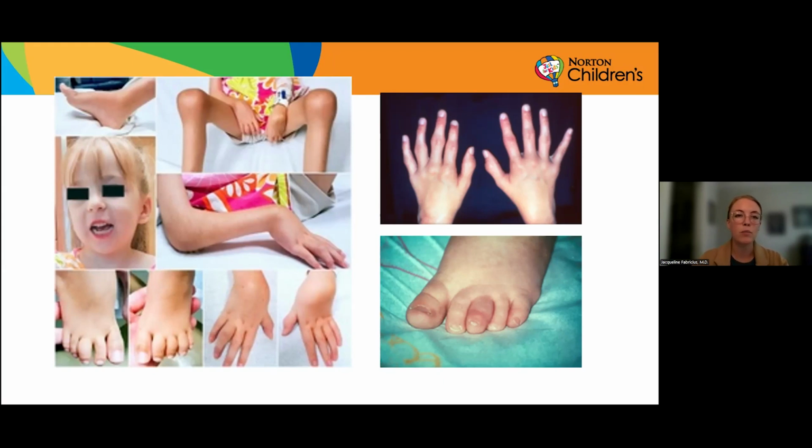Here she has swelling of both her elbow and her wrist. She has swelling of multiple toes and fingers as well. This picture of the hands in the upper right shows inflammation in multiple MCPs and PIPs with relative sparing of the DIPs. And that is a pattern which is consistent with rheumatoid factor positive polyarticular arthritis. And this bottom right is showing a single swollen toe.